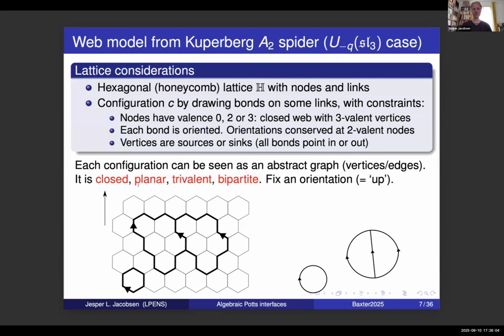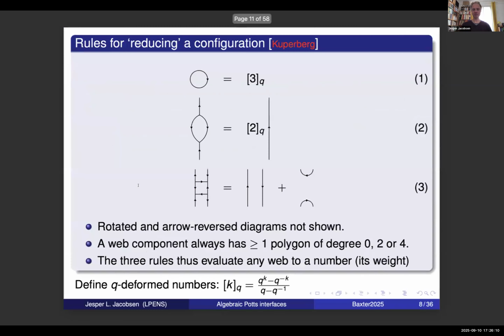So that implies that the degrees of phases is always even. And one thing that you can relatively easily realize is that if you draw a closed bipartite cubic graph, then there is always going to be a phase of degree 0, 2, or 4. So less than 6, strictly.